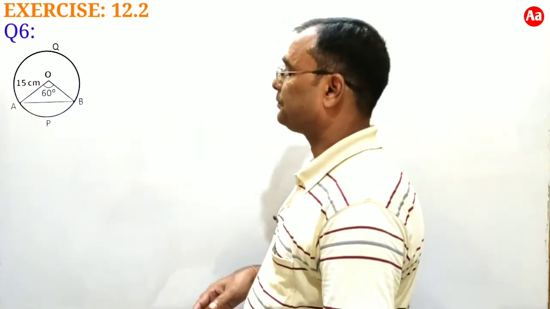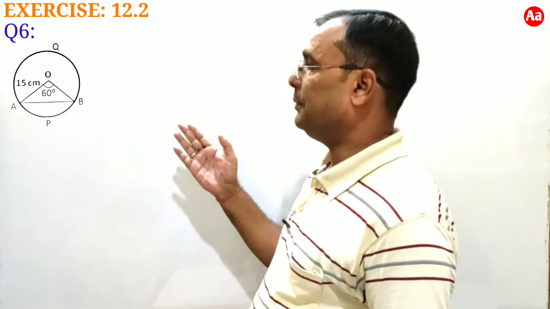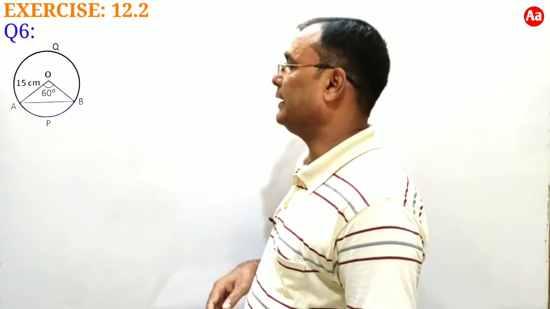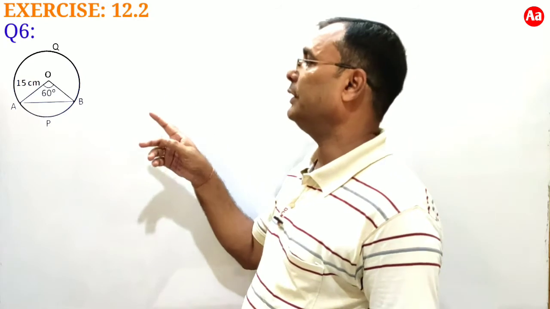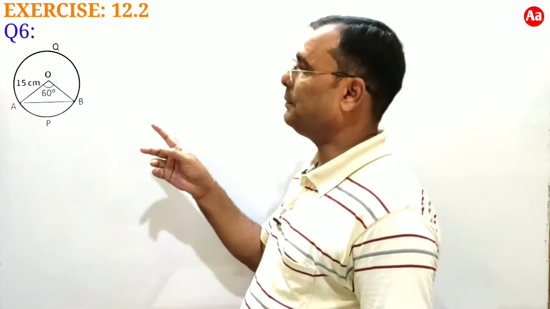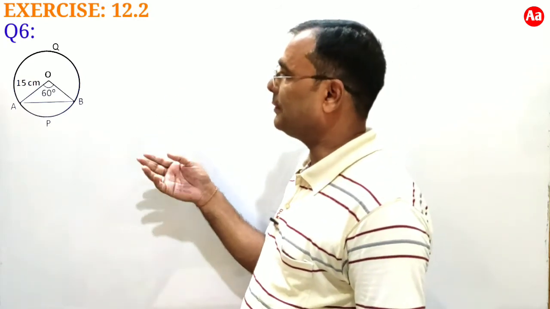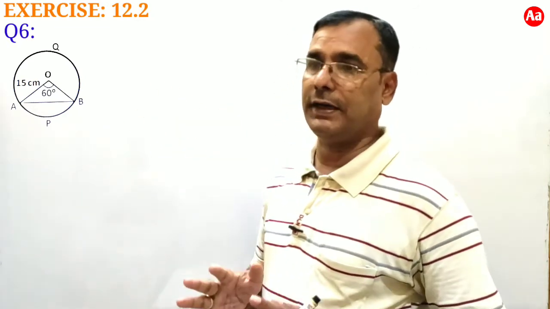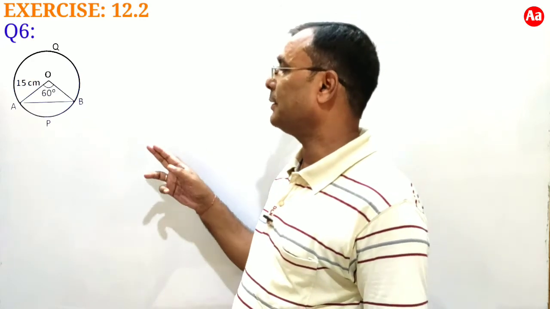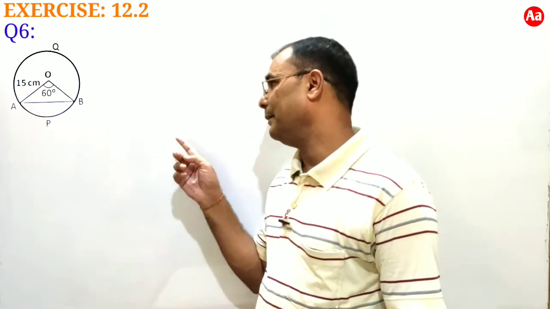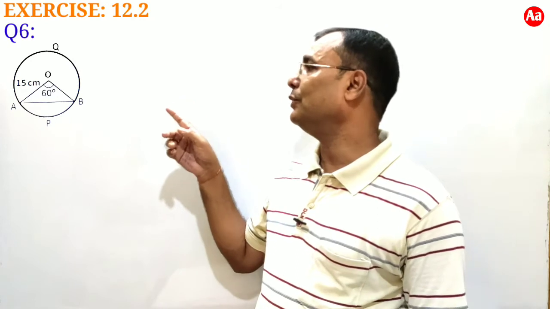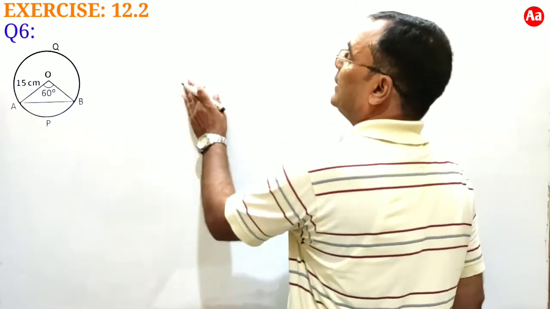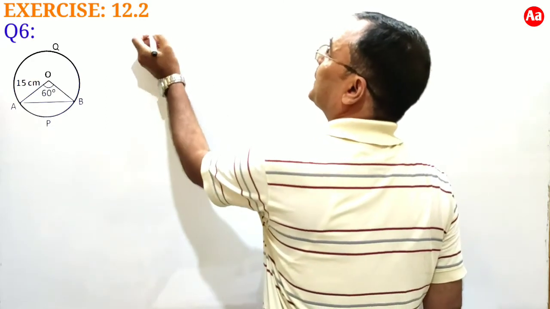In this figure, AB is the chord of a circle with center O and radius 15 cm. OAPB is the sector, APB is the minor segment, and AOQB is the major segment. We have to find the areas of minor segment APB and major segment OAQB. So let's write radius, which is given, 15 cm.